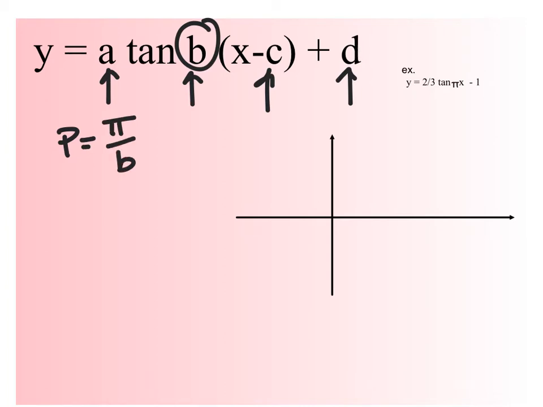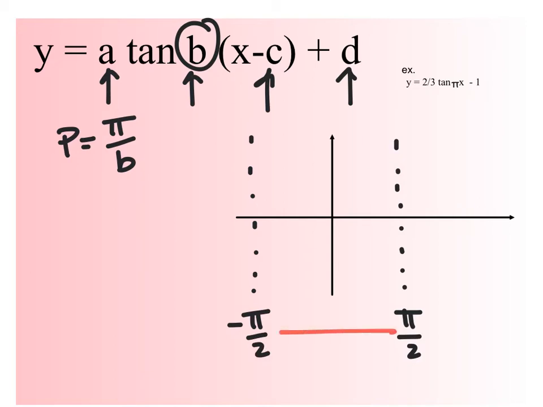Everything else stays the same. Tangent is undefined at pi over 2 and negative pi over 2. Okay, so hence, right from here to here is pi units, which is a period. Okay, but we're about to change that real quick.